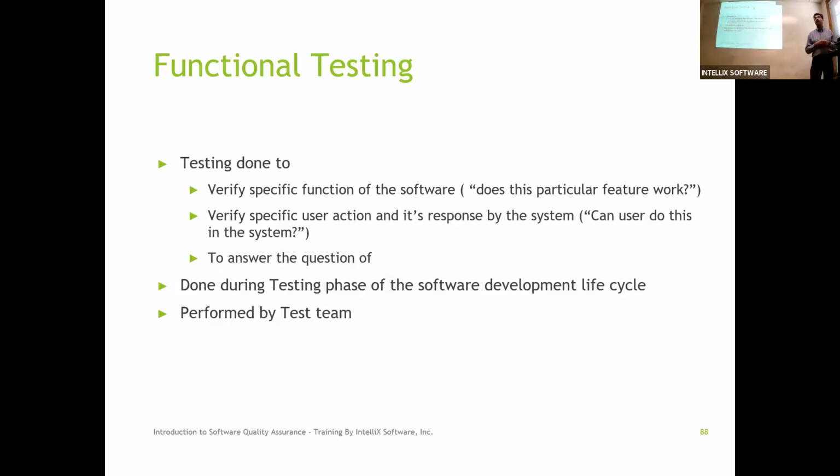When you're looking at those specific functions and asking whether they are working as expected or not, that's known as functional testing. It's typically done by the testing team, because that's your main core. When you're doing system testing, you're doing functional testing, and it's performed by testing, later in the development phase and early in the testing phase.